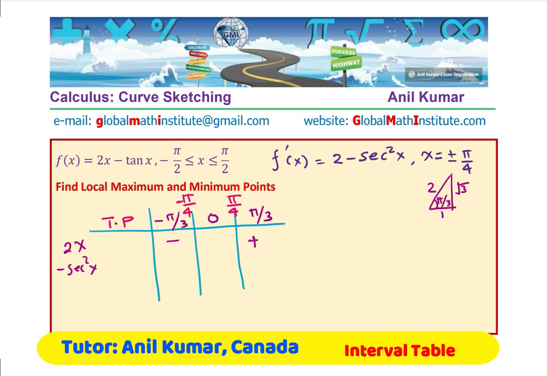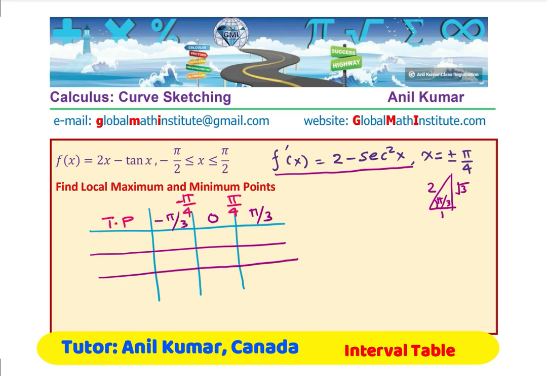Sorry, the factor is not 2x but 2, right? Okay. Right. So now, let us analyze the first derivative, which is 2 minus secant square x. So if I write 2 minus secant square x for minus pi by 3, then what do I get?